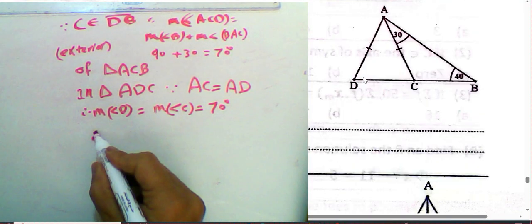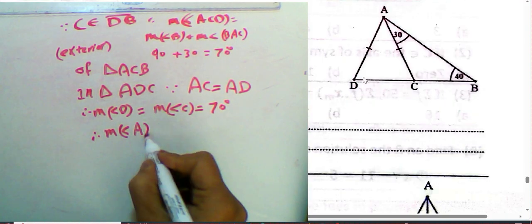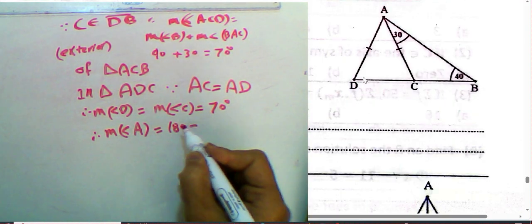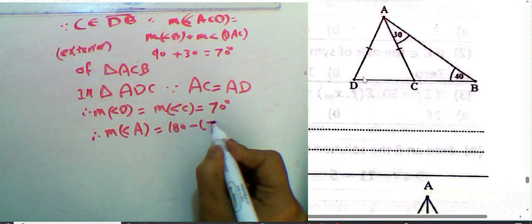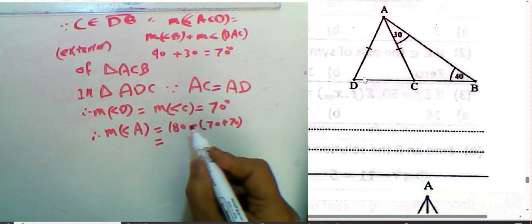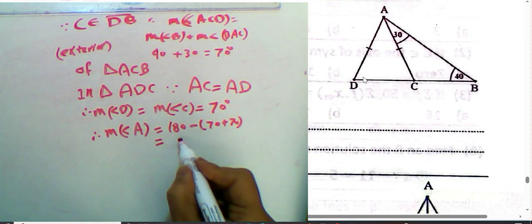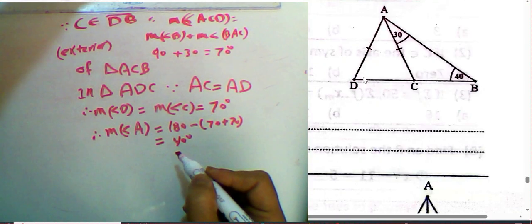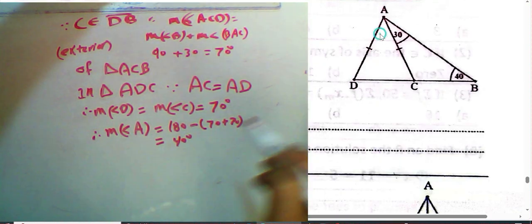Then we can find the measure of angle A, the vertex. Write 180, subtract the sum of the two angles in the base: 70 plus 70 is 140, subtract from 180 equals 40 degrees. Then the measure of the angle at the top will be 40.